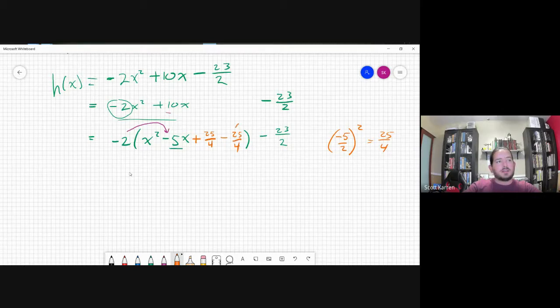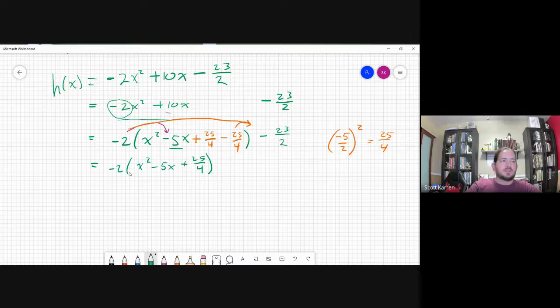Once again, I want to kick the -25/4 out of here, but in order to do that, I have to distribute the -2 with it. So when I do that, that gives me the -2 out in front of the 3 terms that I'm not going to distribute it through.